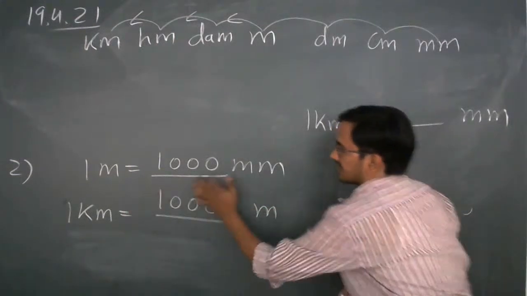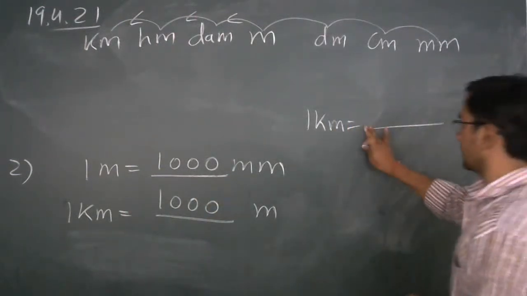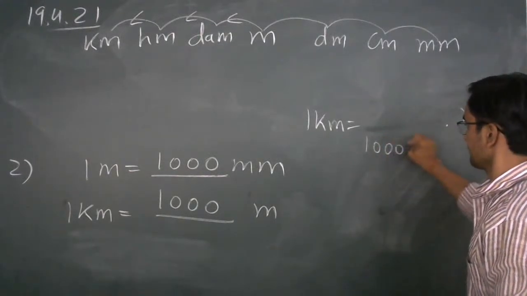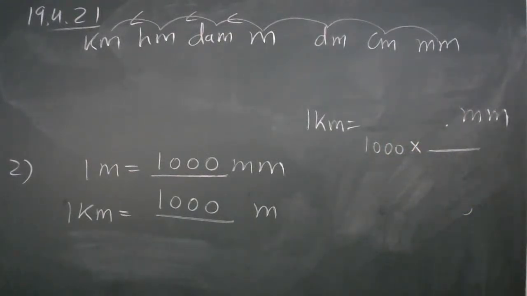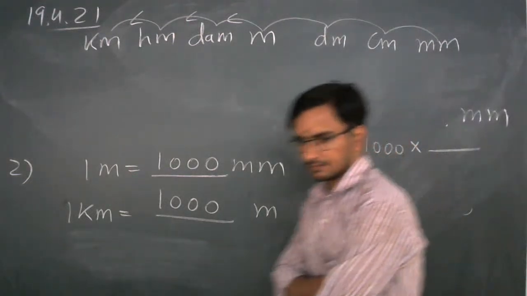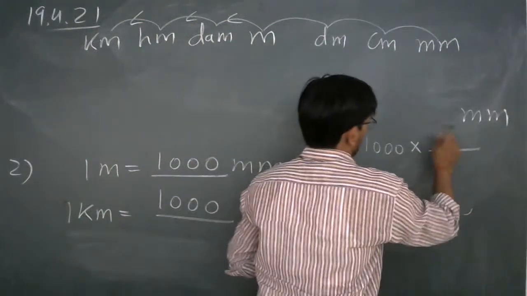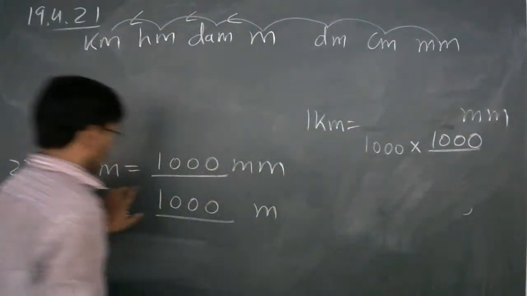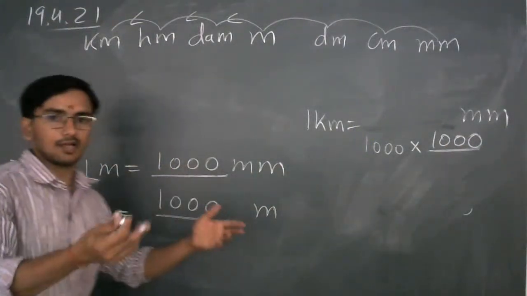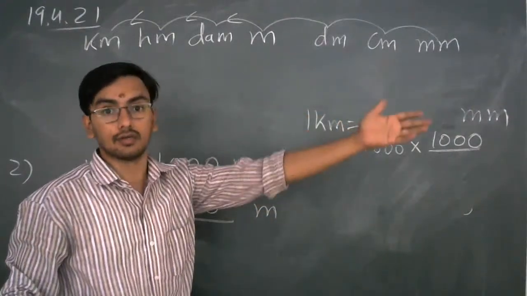In 1 meter there is 1000 millimeter. So in 1000 meter, in 1 there is 1000, so how much will be in 1000? 1000 into 1000.